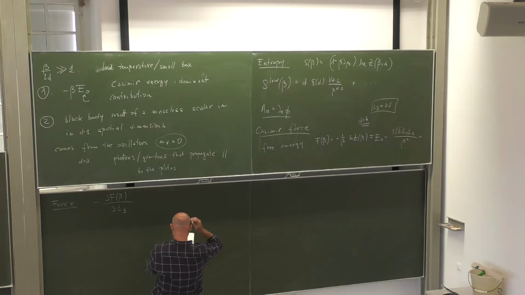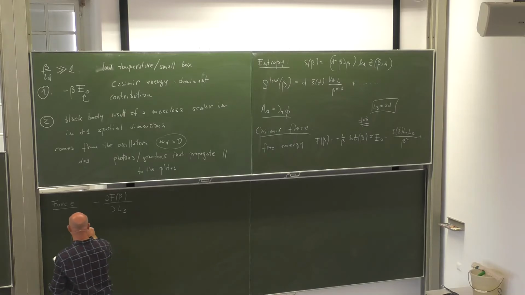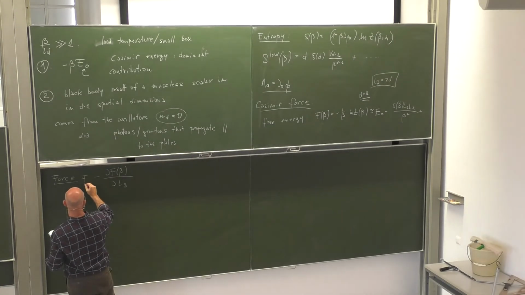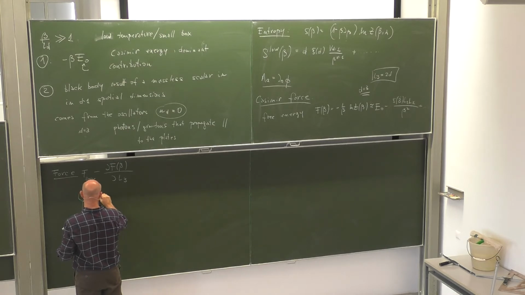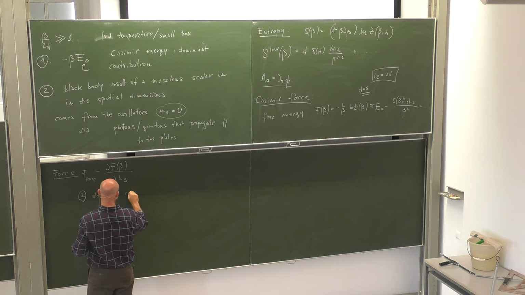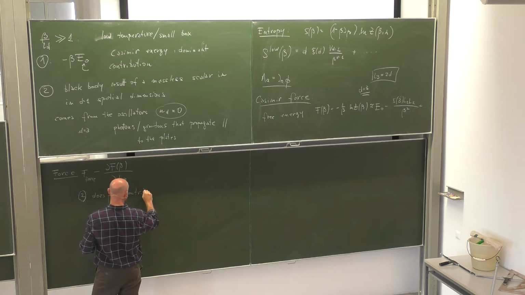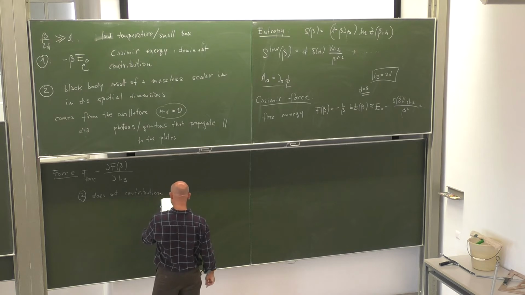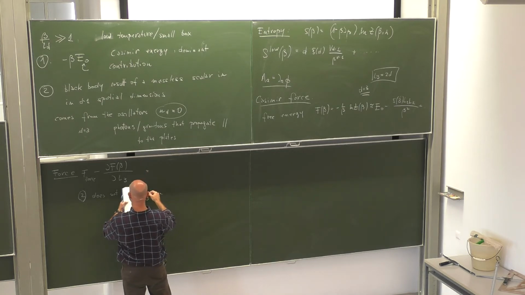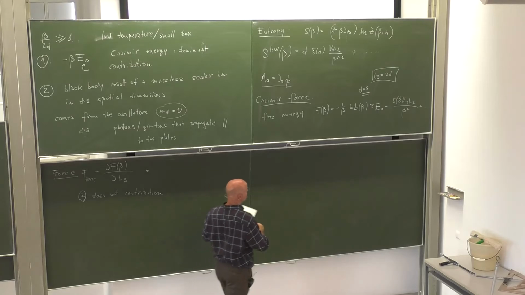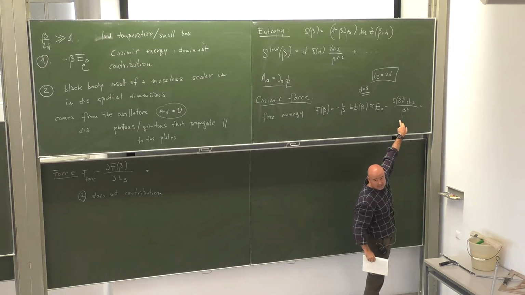So the point I want to make is, so this is the Casimir force. This term does not contribute, and the leading contribution comes from the Casimir energy, obviously, and you can work it out. The leading contribution comes from E0, so this term lies in the kernel of the force, if you want.